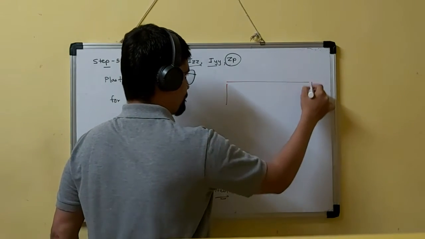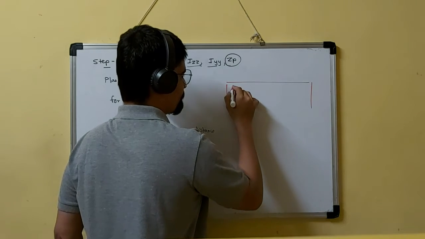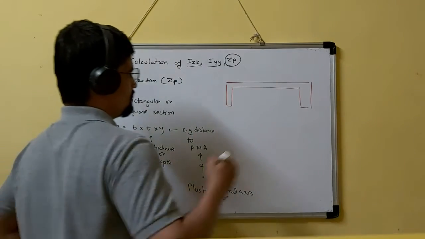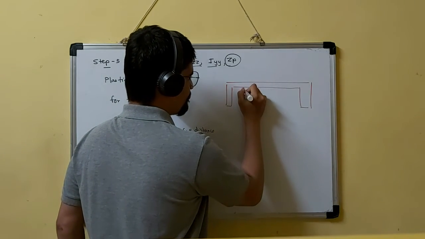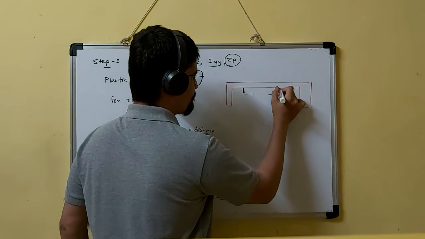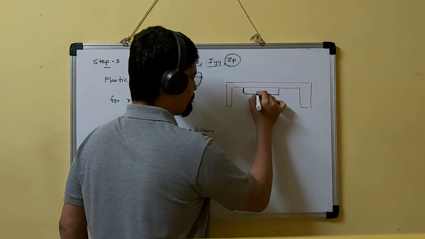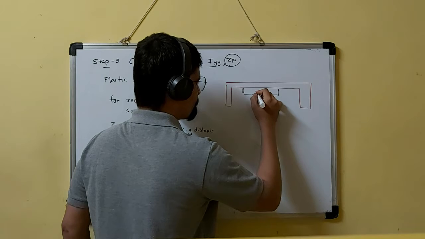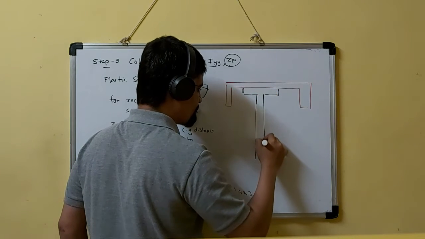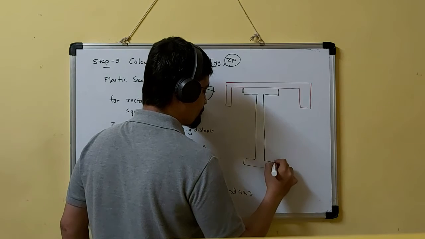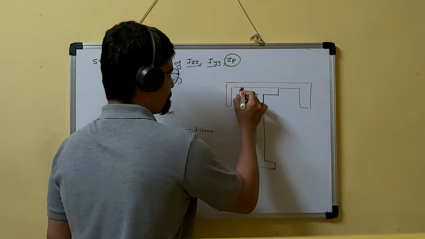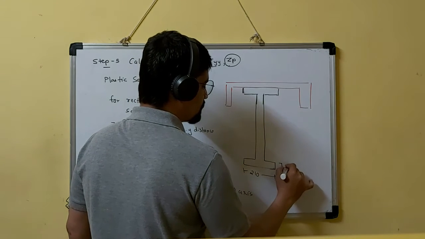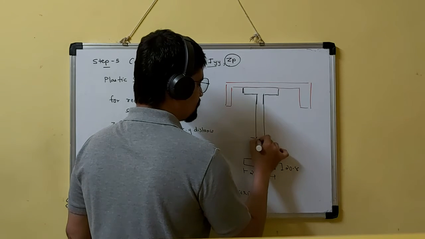This is our C section, and this is our I section. This is 210 mm, this is 20.8 mm, and this is 12 mm.